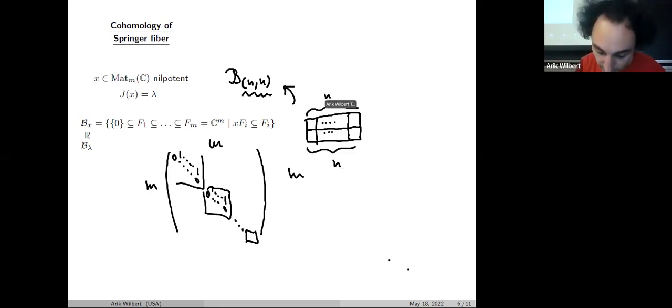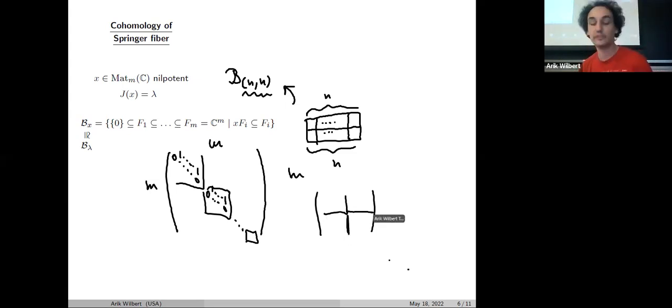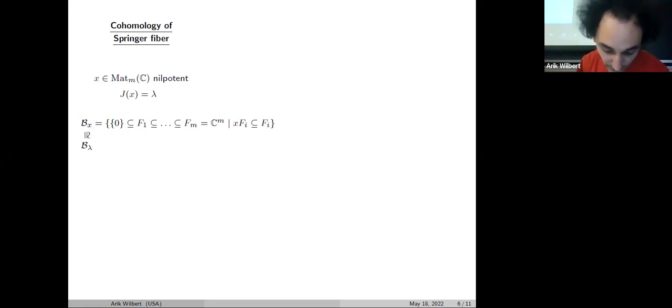In the language of nilpotent operators, this is 2 Jordan blocks of the same size. So these are the Springer fibers that we're looking at here: very special Springer fibers, just 2 Jordan blocks, and they have the same size. So this is what's going on here. Let me clear all of this.